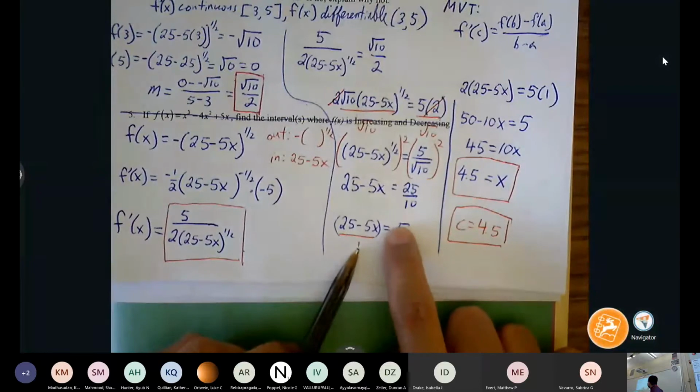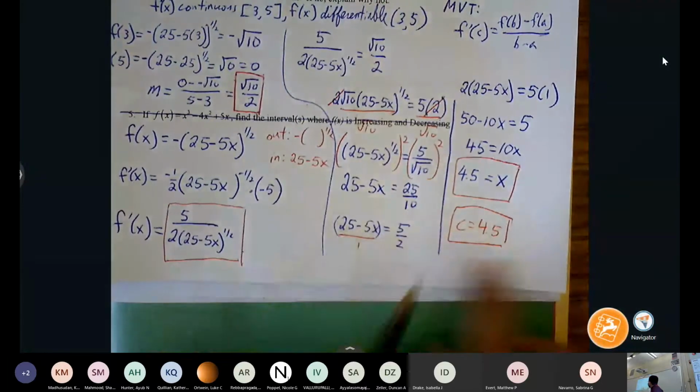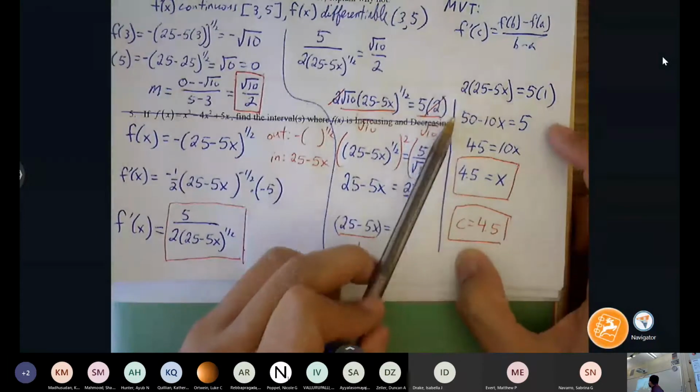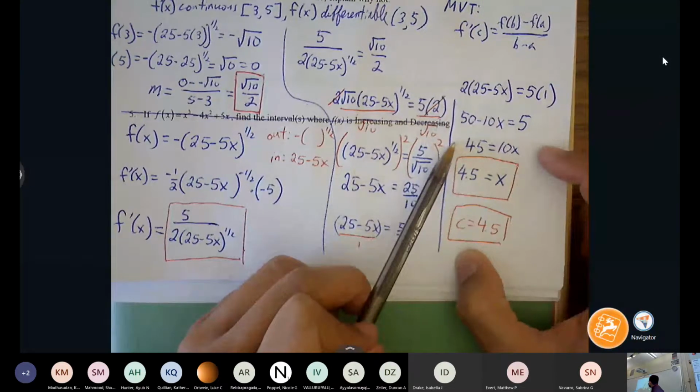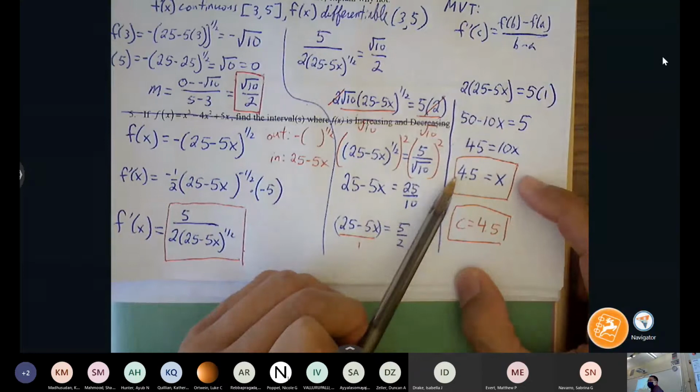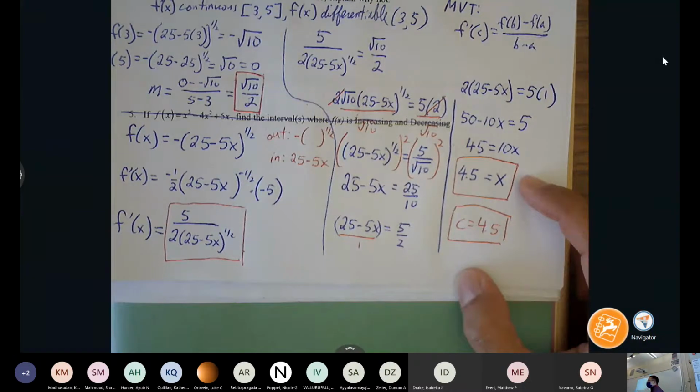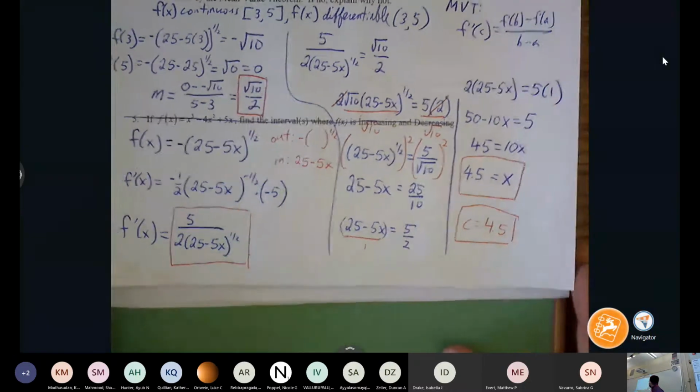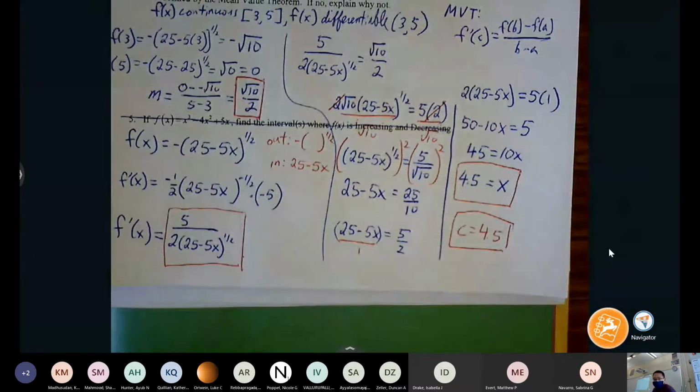So I multiply those two together, and I multiply those two together. And then just distribute it through. Divide both sides by 10, and I got that 4.5. Okay. Good. Any other questions with mean value theorem?